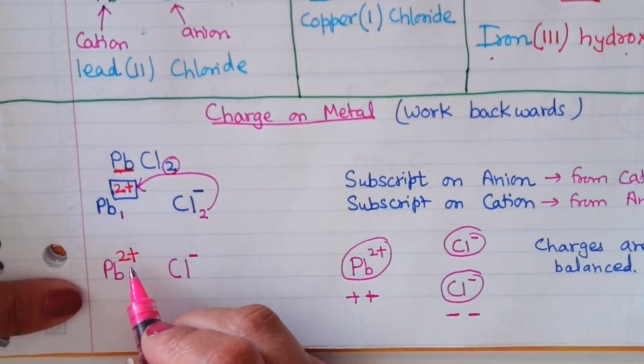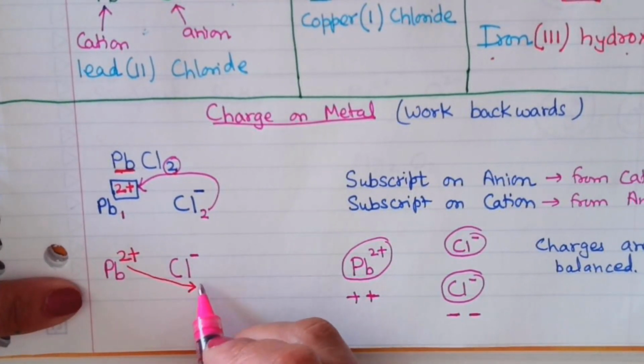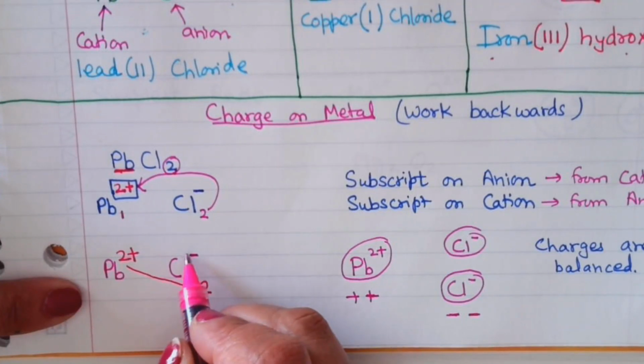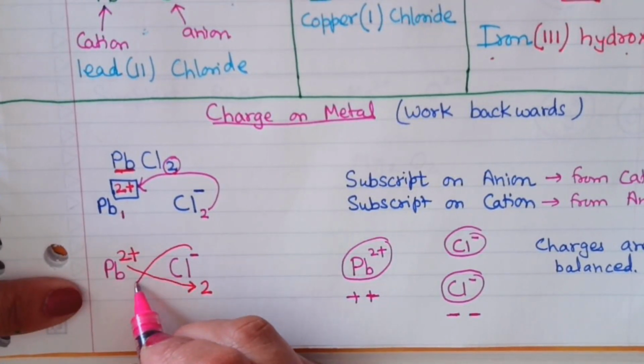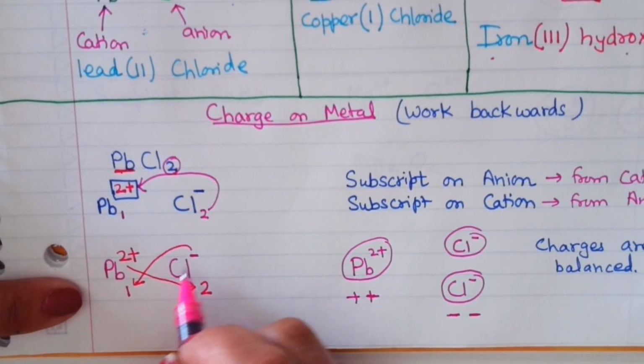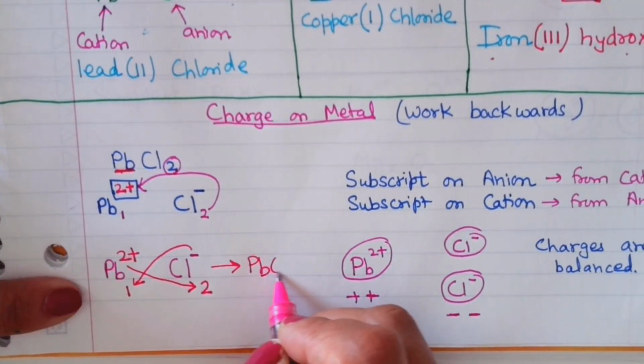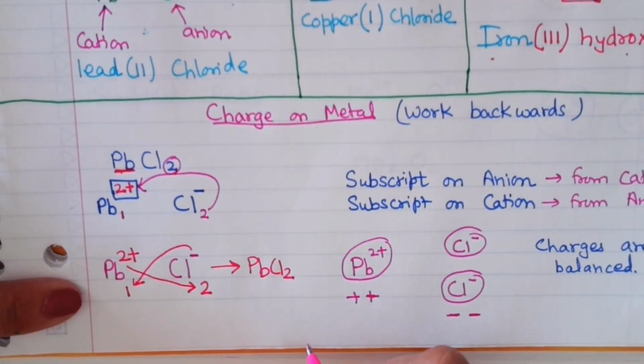And now how do we make a formula? So we do the crisscross. So this charge becomes the subscript of the charge on the anion, and this becomes the subscript of the charge on the cation, right? So the formula becomes PbCl2, right?